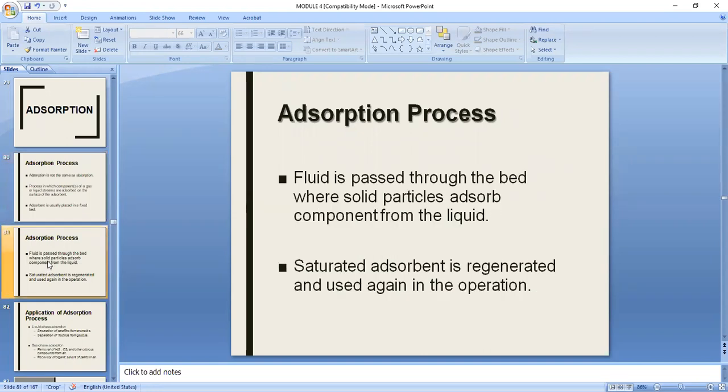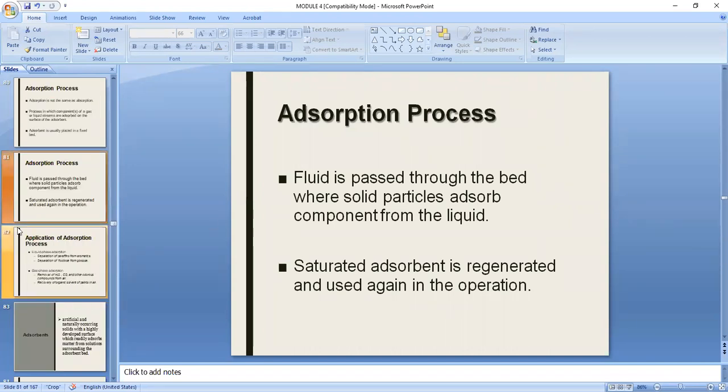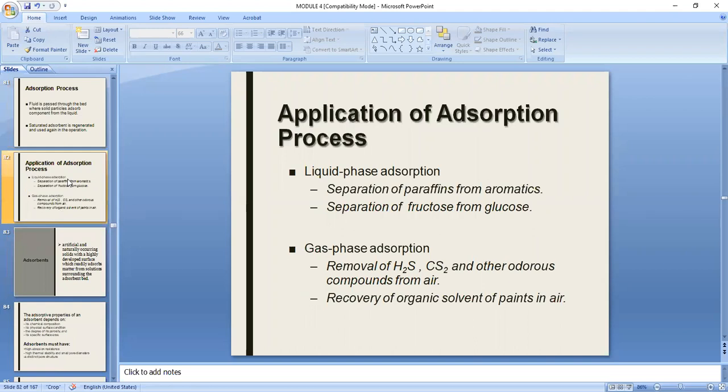The fluid is passed through the bed where solid particles adsorb the component from the liquid, and the saturated adsorbent is regenerated and used again in the operation. So there is the regeneration of the solid adsorbent, that way it can be used again. Now the application of adsorption.